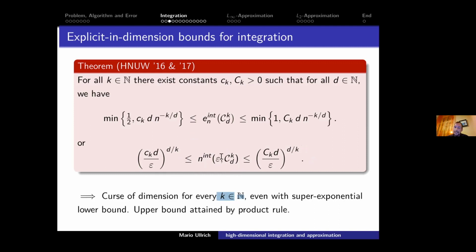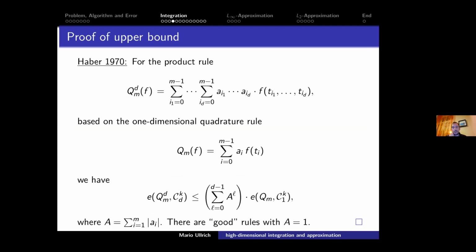So in this setting I'm talking about integration of these functions, and I'm considering the worst case scenario. I have some proof here, and since I think it's quite instructive, let me say some words about the proof. First of all, the upper bound was basically known since the 70s.